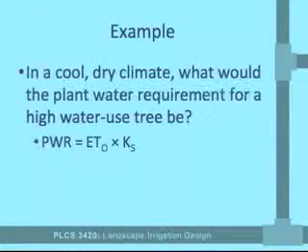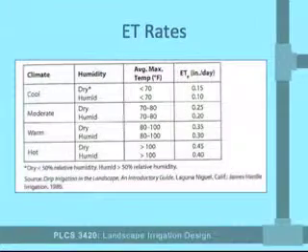As an example, what if you were working in a cool, dry climate and you wanted to get just a general plant water requirement for a high water use tree? Well, that plant water requirement is a function of reference ET and a species factor. So let's work through that example. Back to this table.